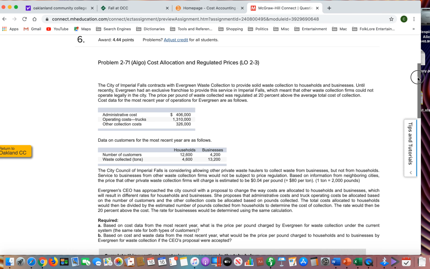And now they want to change the way because they feel competition may undercut them at 4 cents per pound for business. So they restructured their pricing schedule to this right here in this paragraph, where Evergreen CEO has approached the City Council with a new proposal. And you can read the details here.